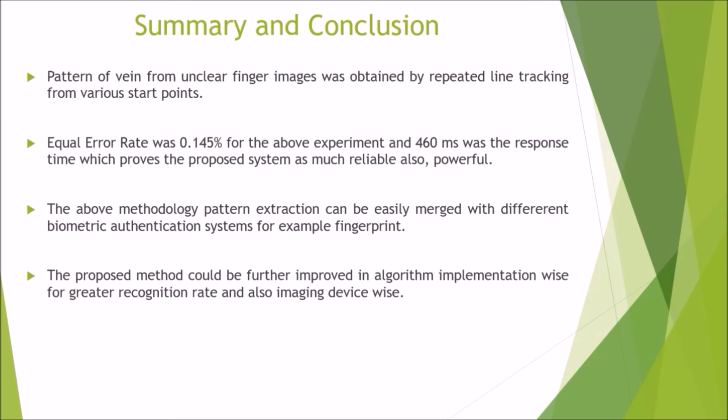Experimental results with an equal error rate of 0.145% and a response time of 460 milliseconds proved that this is a much more reliable and powerful system. This methodology of system design can be easily combined with other biometric identification methods like fingerprint. This system can be improved both in terms of the algorithm for greater recognition rate as well as the imaging device.